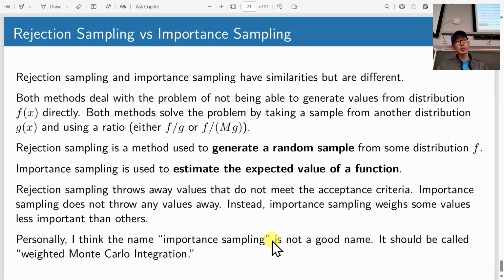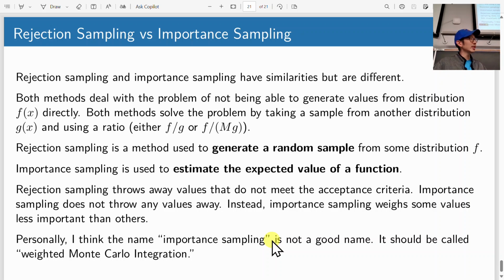Rejection sampling will end up throwing away some of your values, so you will generate a bunch of values and you throw some of them away. That's the rejection part. Whereas importance sampling doesn't actually throw any of the values away. You generate a bunch of values from g, and if you're generating too many of them, rather than throwing some away, you just weight them less. You give them a lower weight.